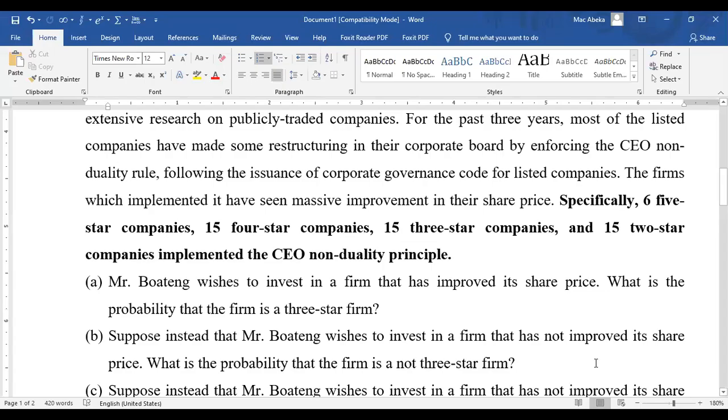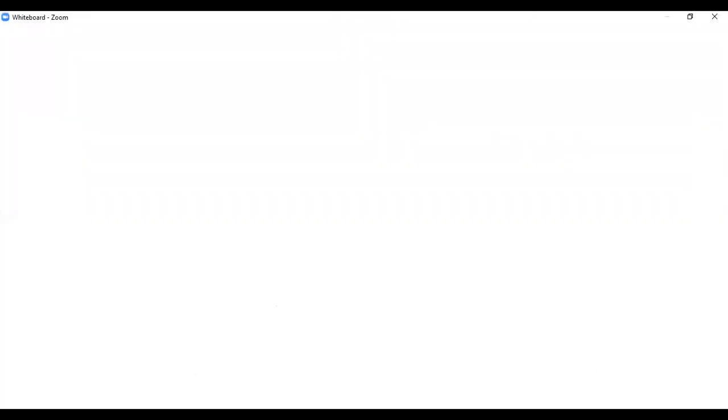So here, the question says that specifically 6 5-star firms have implemented it, 15 4-star, 15 3-star, and 15 2-star companies have implemented the rule.